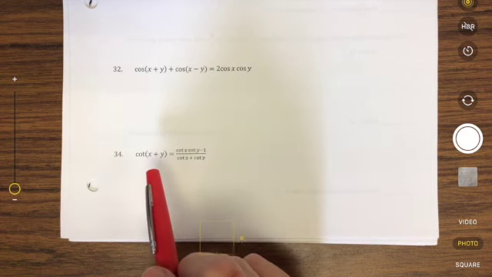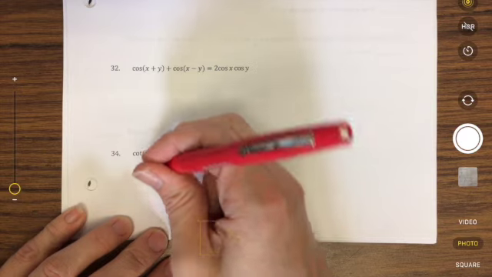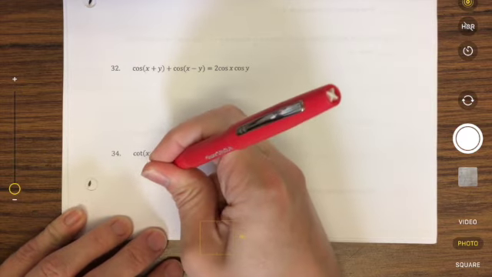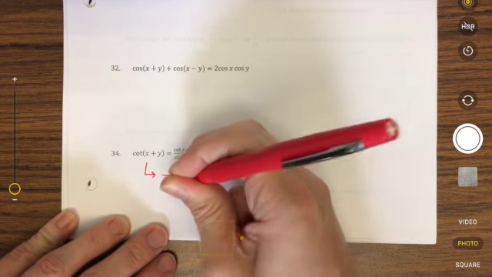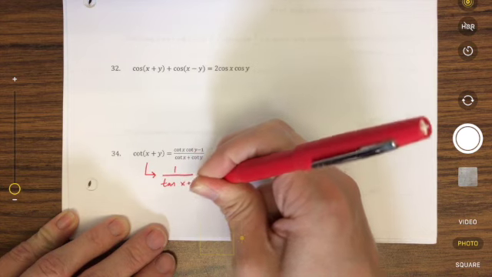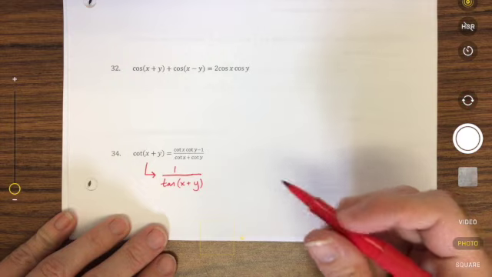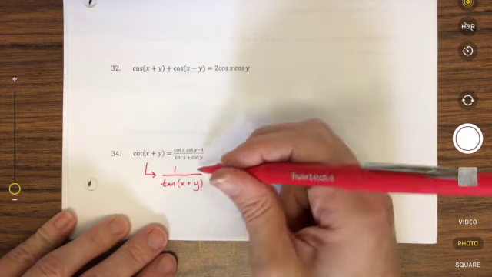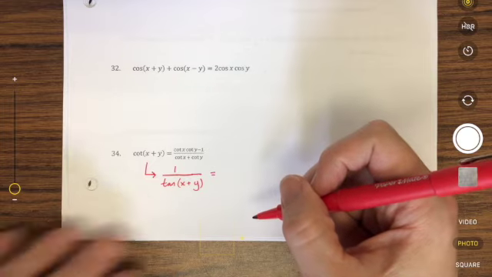revisited the problem and tried turning everything into terms of tangent, and that I was able to find a way to do. So we're going to work with this cotangent of x plus y, and the first thing we're going to do is rewrite this as 1 over tangent of x plus y. Then with this tangent of x plus y, we can use the sum formula for that.